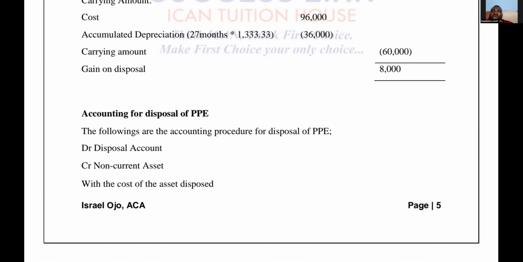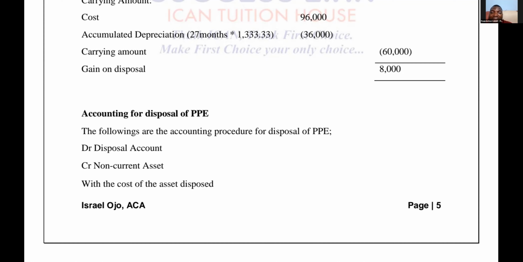Then after that, you move to your next step, which is the accumulated depreciation. You are using the cost concept. It means that your depreciation does not affect your asset account. Where that depreciation is being owed is under the accumulated depreciation.